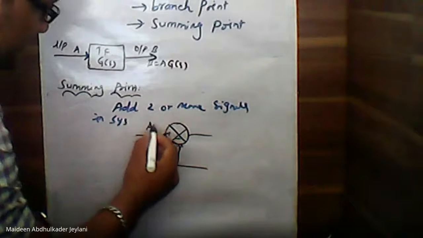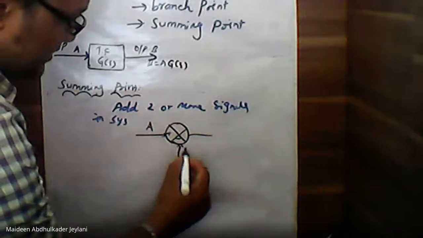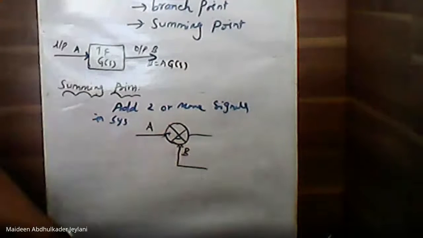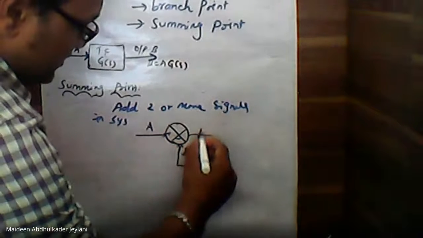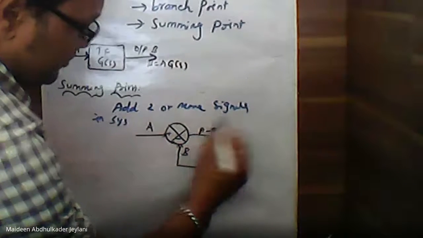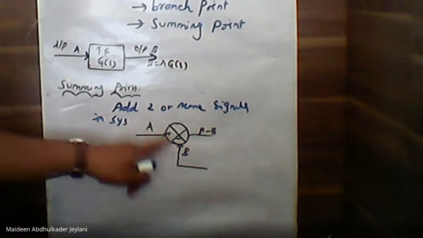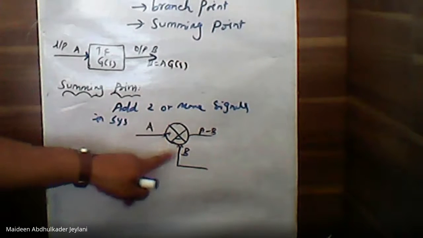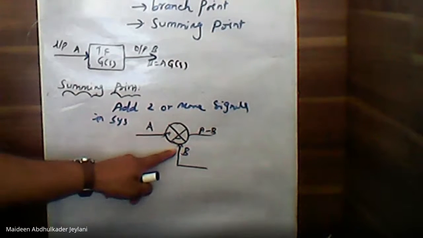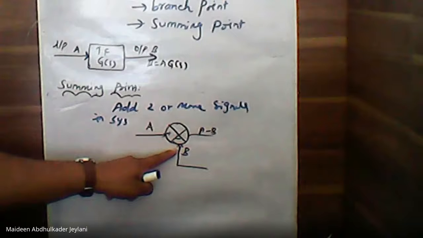Say this is input A and this is input B. So what is our output from the summing point? A is positive and B is negative, so A minus B. Clear? If both are positive, clear? This point, we can say it is a negative feedback system because the sign indicates that it is a negative sign.